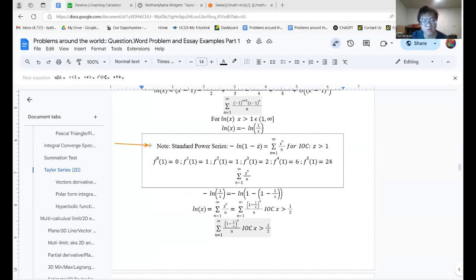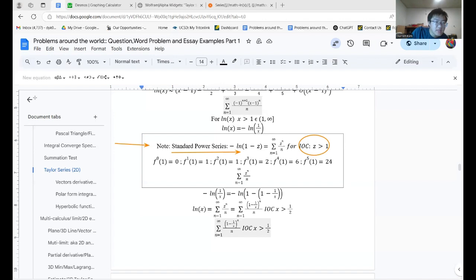Now we need to know the standard power series. Over here we have negative and then the 1 minus z. And then we see that the interval of convergence over here is this. And this is where I made a mistake. I thought this interval of convergence transferred to the end. So my original thought was wrong, and I'm going to test that later on.